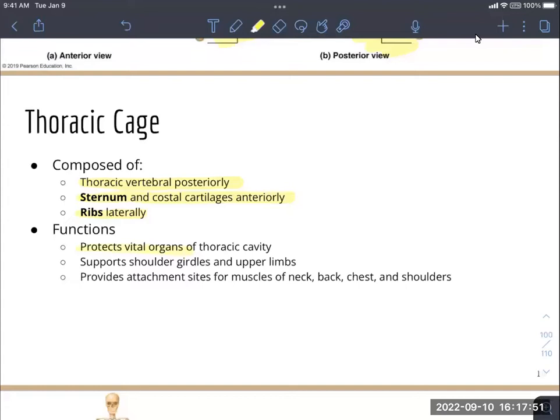They're vital. We need them to live. They give a place for your shoulder girdle, so where your arms attach to the trunk. It also provides attachment sites for many muscles of the neck, the back, the chest, and the shoulders. It is all very important.